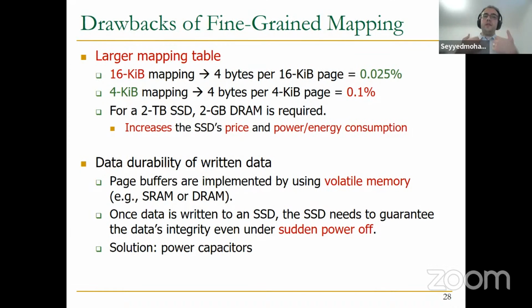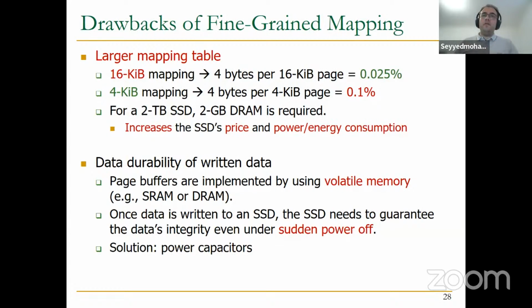Once data is written to an SSD, the SSD needs to guarantee the data's integrity, even under sudden power off. But the data in our DRAM is in volatile memory, so if we have a sudden power off, how can we guarantee that?